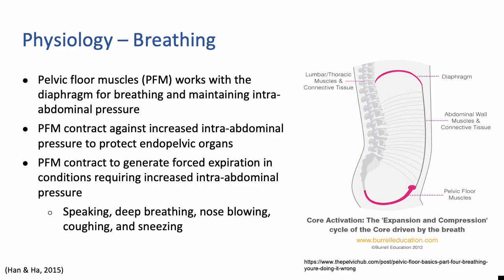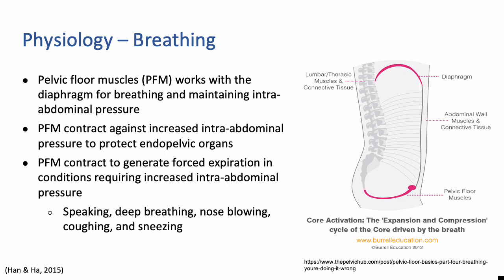So breathing. The pelvic floor muscles work with the diaphragm for breathing and maintaining intra-abdominal pressure. Pelvic floor muscles contract against increased intra-abdominal pressure to protect the endopelvic organs, and the pelvic floor muscles contract to generate forced expiration in conditions requiring increased intra-abdominal pressure, such as speaking, deep breathing, nose blowing, coughing, and sneezing.